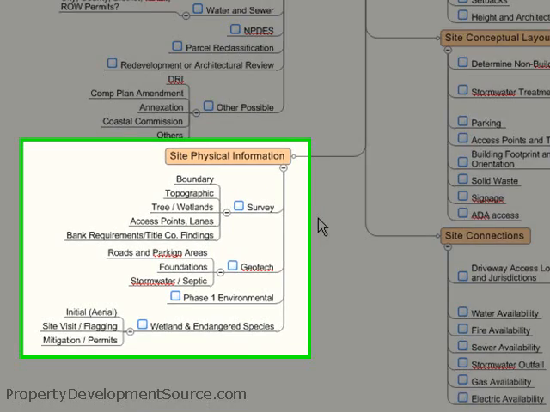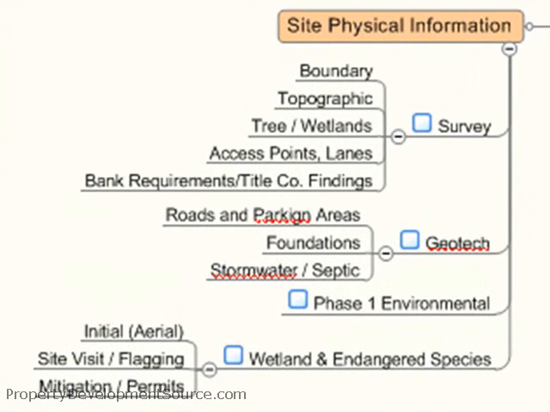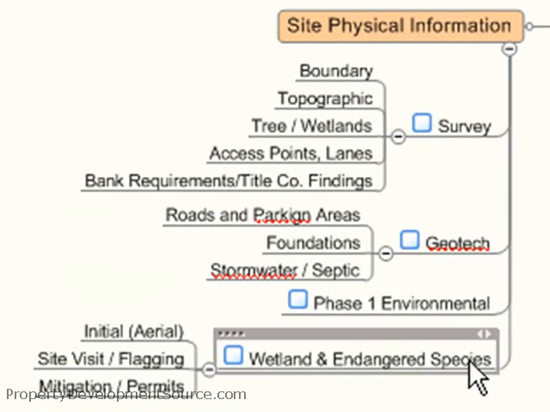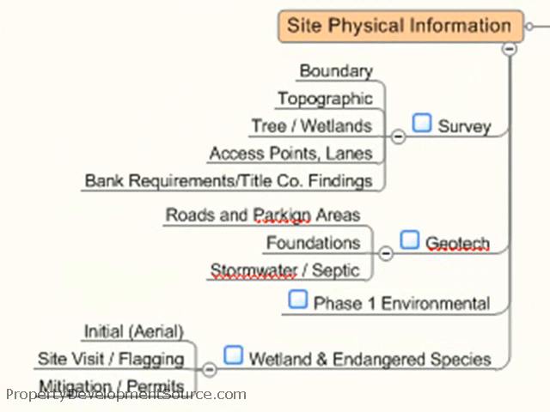From there, we go to the site's physical information. That's your surveys, your geotech, your phase 1 environmental, and your wetland and endangered species. A lot of this information you can get before you hire your surveyor, your geotech, your phase 1 environmental guys, and your environmental guys.